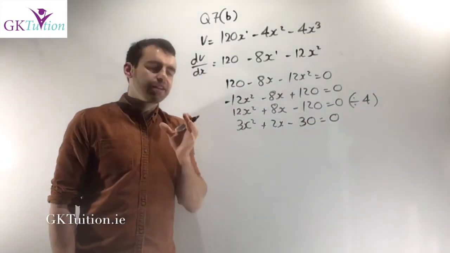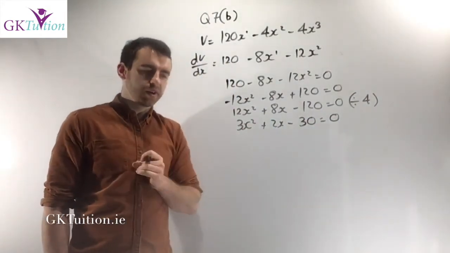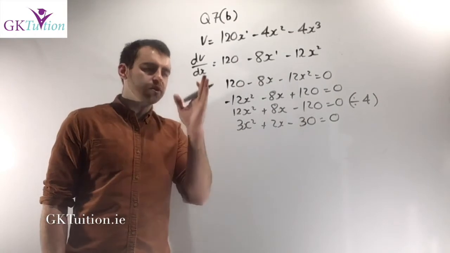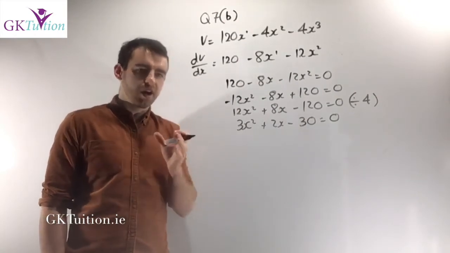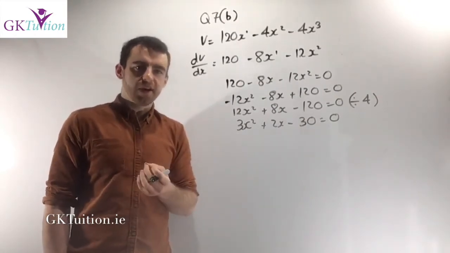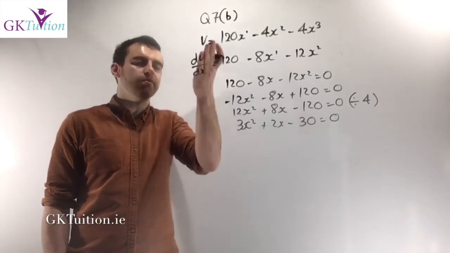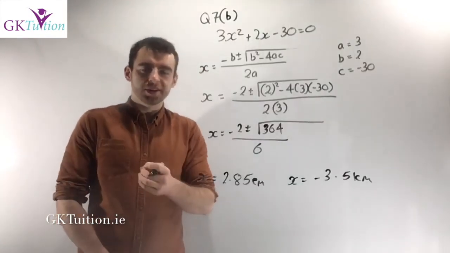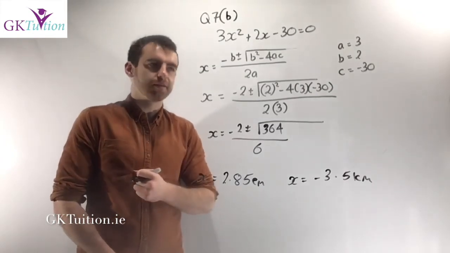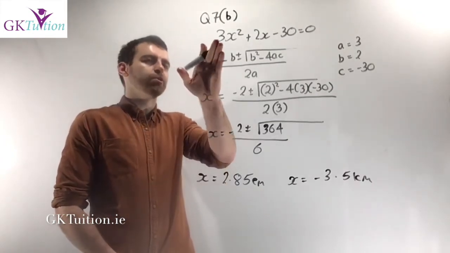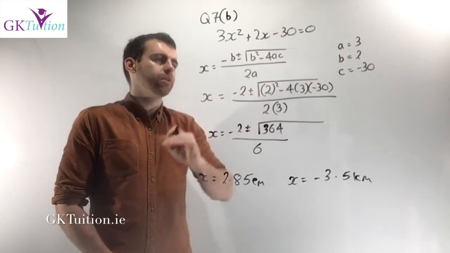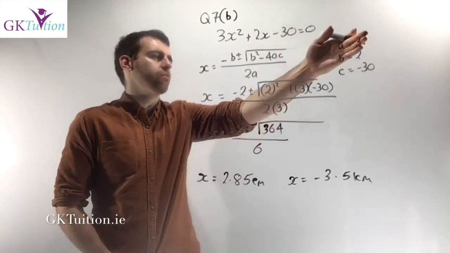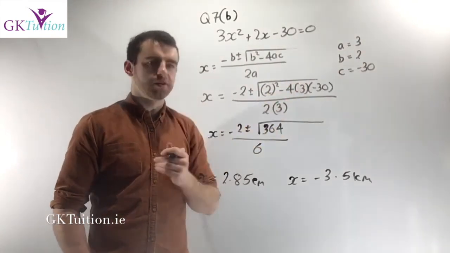Now, in this case, we're not going to be able to factorize this one. So what we need to do now is use the minus b formula to solve and find x, the x value for the maximum possible volume. So again, I know I need to use the minus b formula because the question says to leave it to 2 decimal places. So I've simplified my quadratic to 3x squared plus 2x minus 30. In this case, a is 3, b is 2, and c is minus 30.